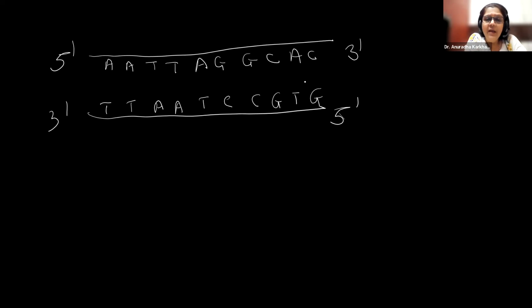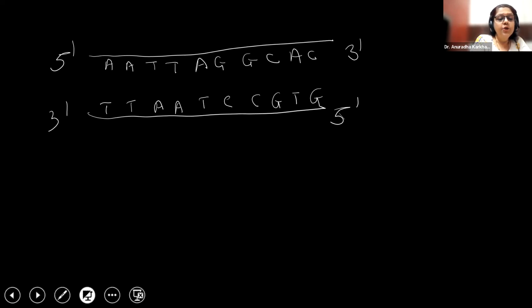They are complementary. A pairs with T, T pairs with A, G pairs with C, C pairs with G. Correct? Right? Now what happens is this mRNA molecule will be, I'll show you, this mRNA molecule will be synthesized on one of the strands of DNA.